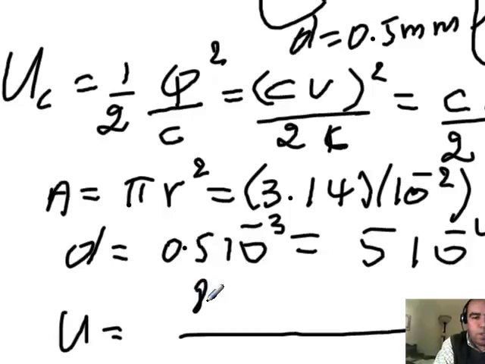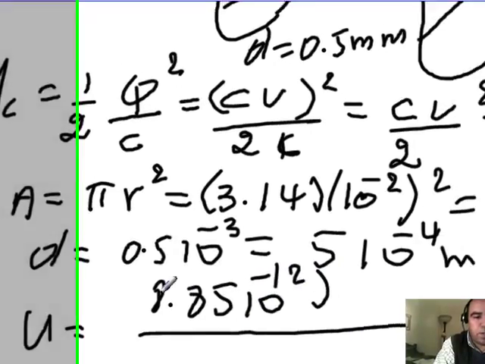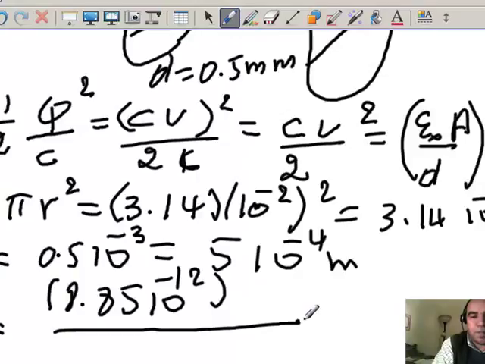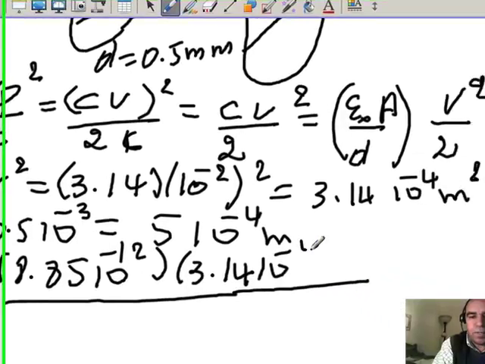Epsilon 0 is 8.85 times 10 to the negative 12. This is epsilon 0, and then A is this quantity, 3.14 times 10 to the negative 4.